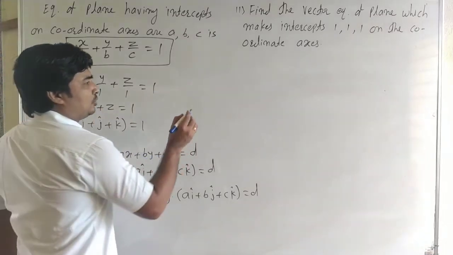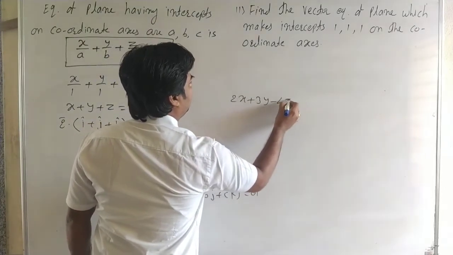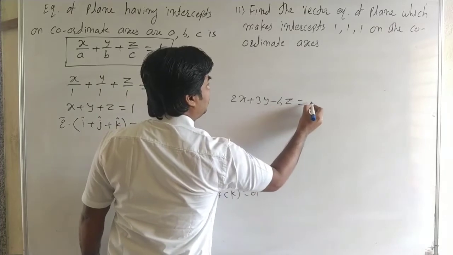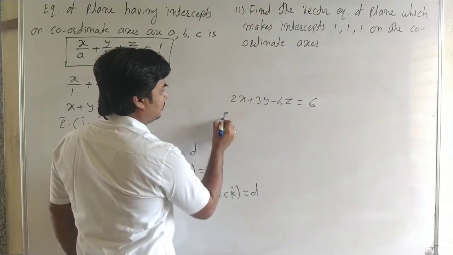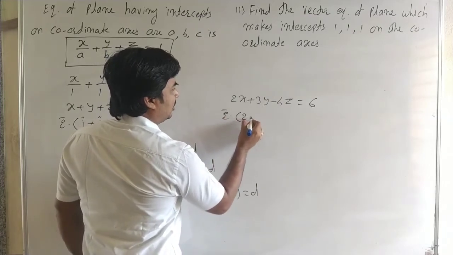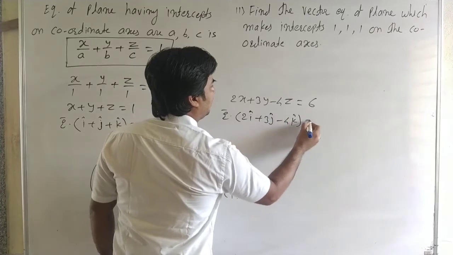Suppose here given 2x plus 3y minus 4z is equal to 6, the Cartesian equation of plane. Then its vector equation is r bar dot (2i cap plus 3j cap minus 4k cap) is equal to 6.